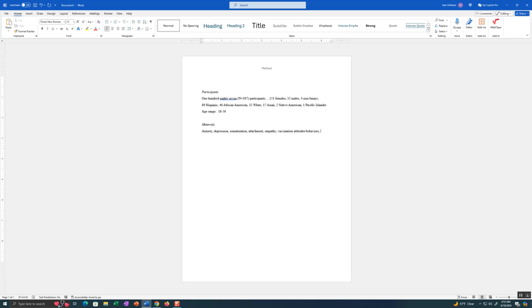What else is in there? Health anxiety. We have generalized anxiety, and you have health anxiety as well. Alexithymia, which is the inability to identify emotion in self or others. So people that are high in alexithymia, they have a hard time labeling their emotions, hard time identifying their emotions. So these are some of the variables that are in that survey.